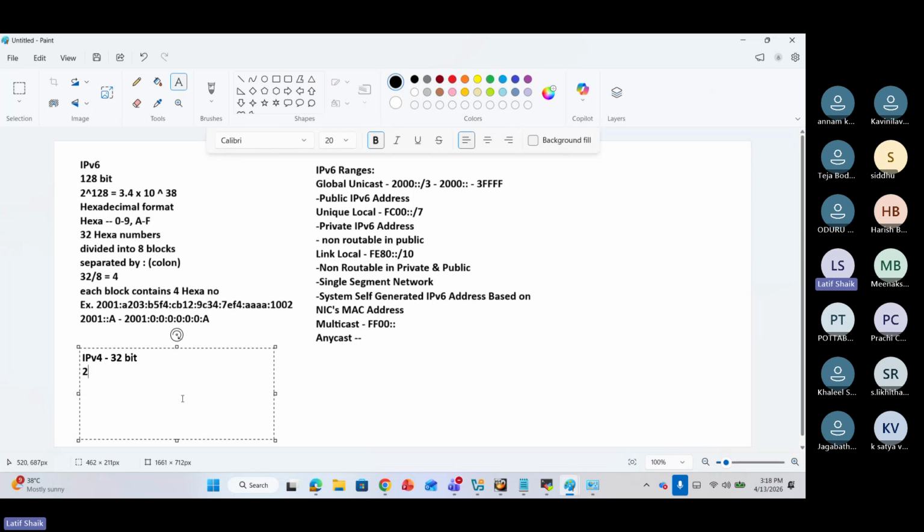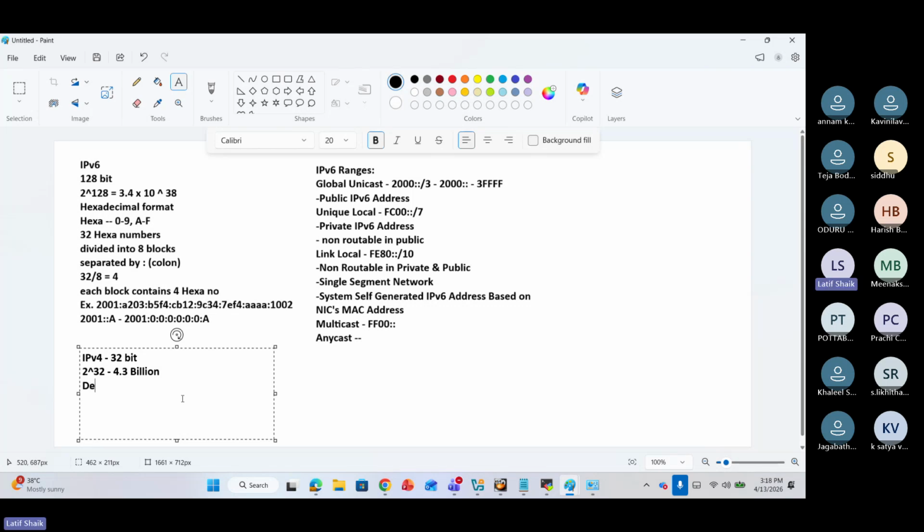IPv4 is 2 to the power of 32, so we get approximately 4.3 billion IP addresses. But IPv6 is 3.4 x 10 to the power of 38, meaning 3.4 undecillion IP addresses.